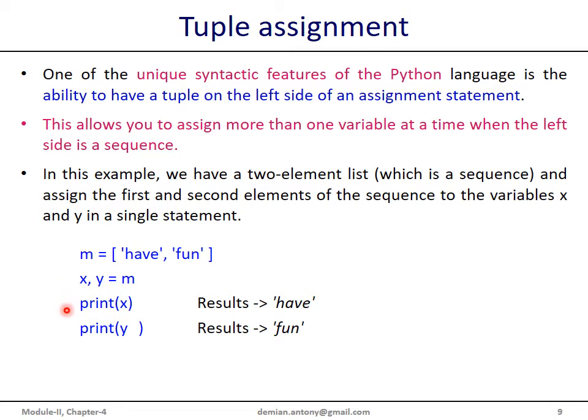You can say it is a sequence of variables, which is a tuple. On the right hand side we have a list, and the result of this statement is x holding the first element, that is have, and variable y holds the second element of the list, called fun.